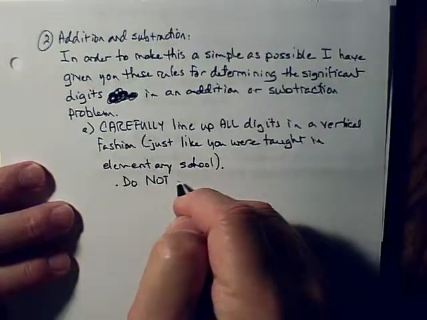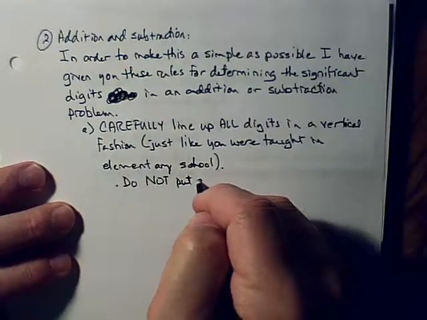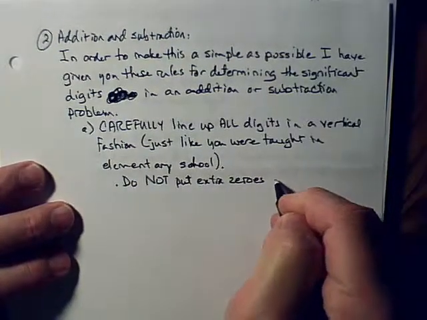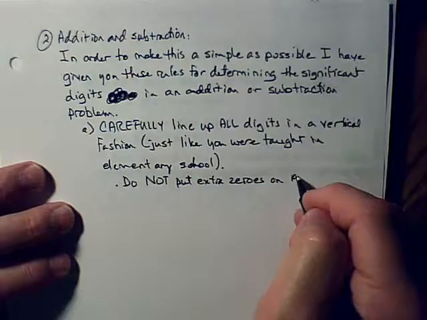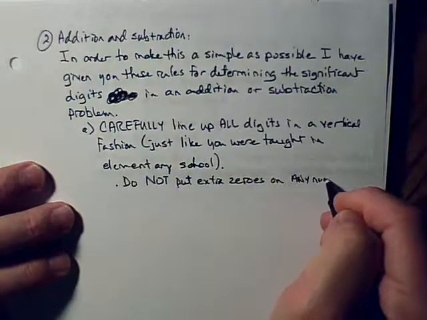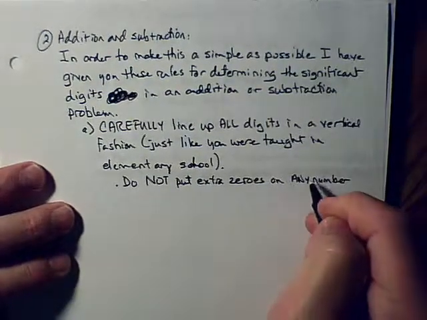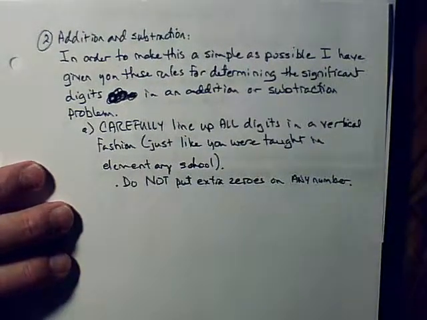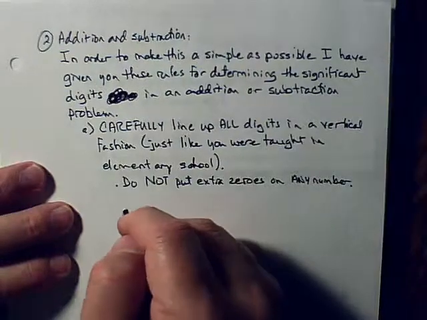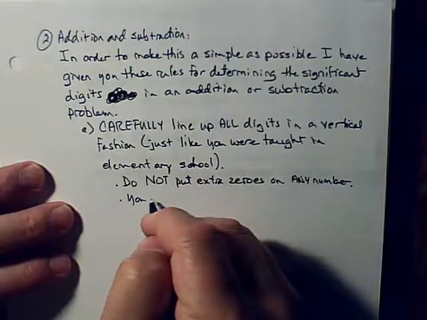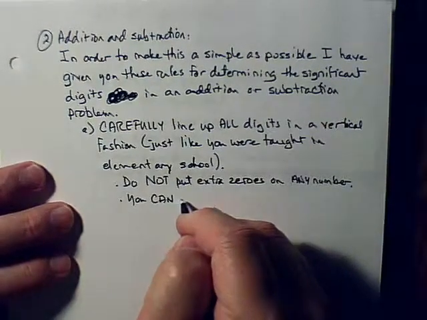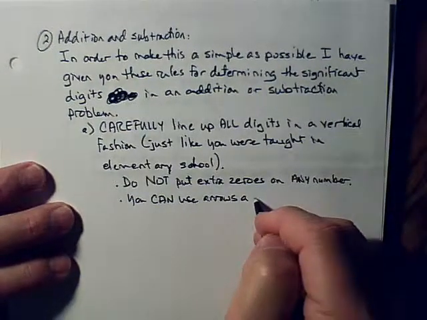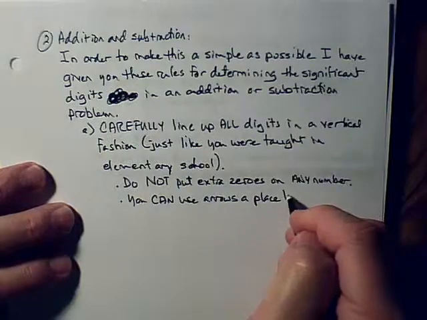Do not put extra zeros on any number. You can use arrows as placekeepers.